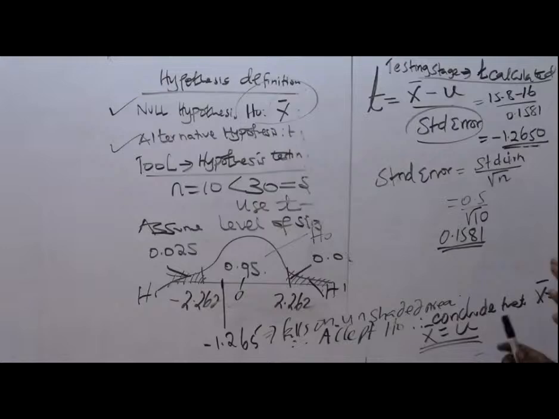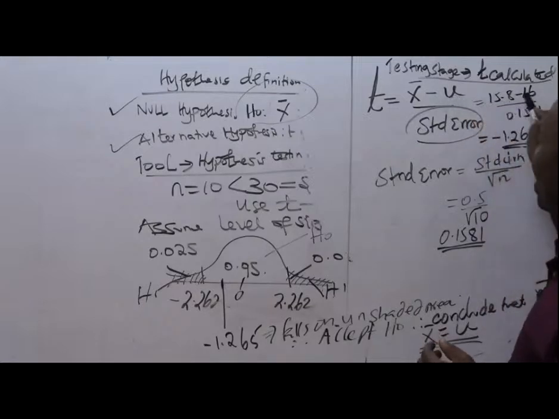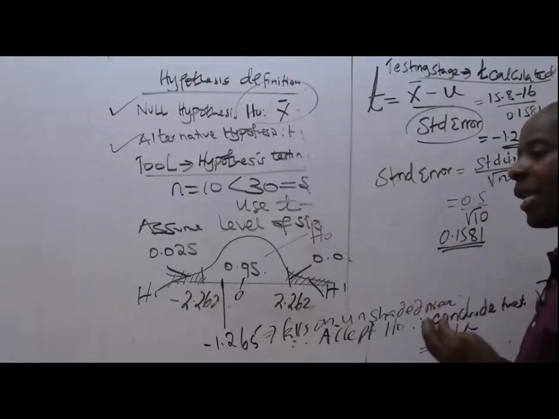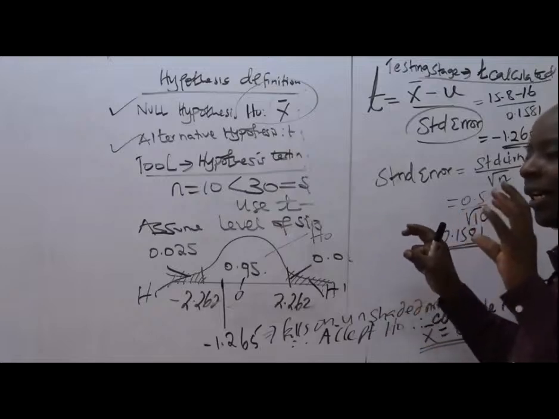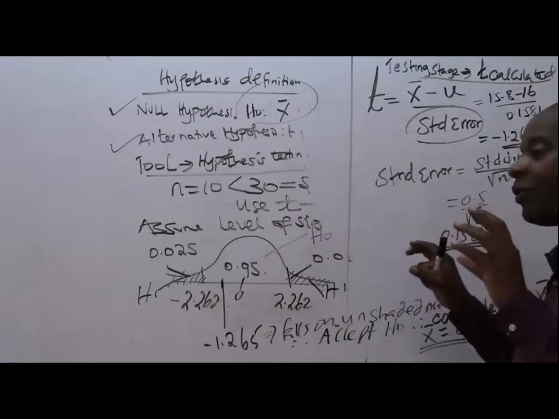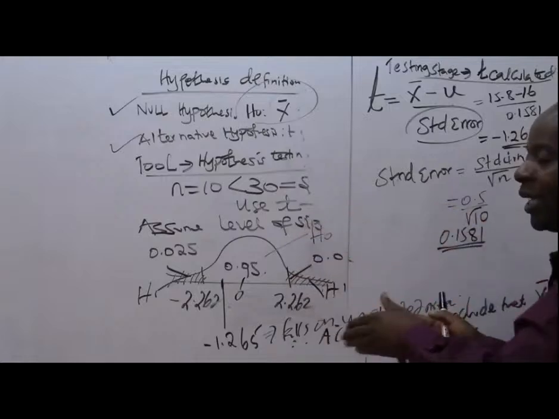So these guys have got no issue. Despite the small discrepancy of 0.2, the sample mean and the population mean are not statistically significantly different, or rather the difference between them is not that significant. It is still falling within the acceptable range.